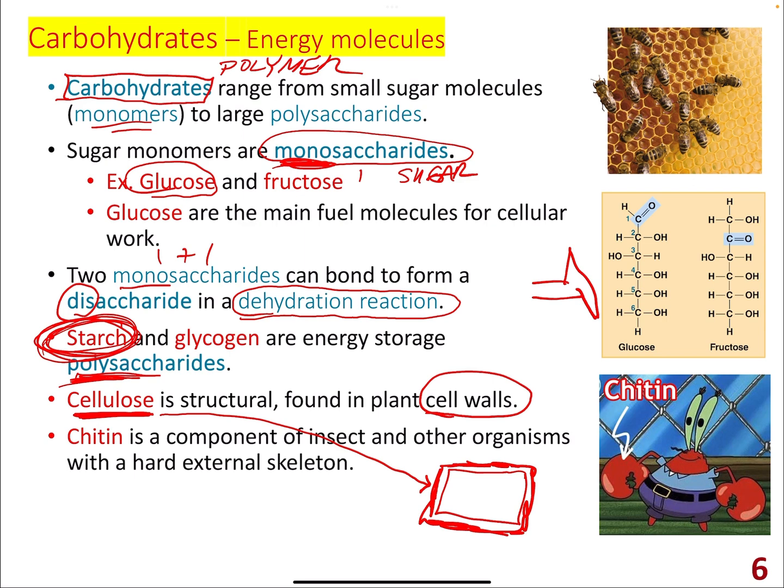That's what gives plants some strength so they can grow tall against gravity without a skeleton. But like Mr. Krabs over here, it's called chitin. Chitin is part of an exoskeleton, like crabs and lobsters. That is made out of a carbohydrate called chitin.